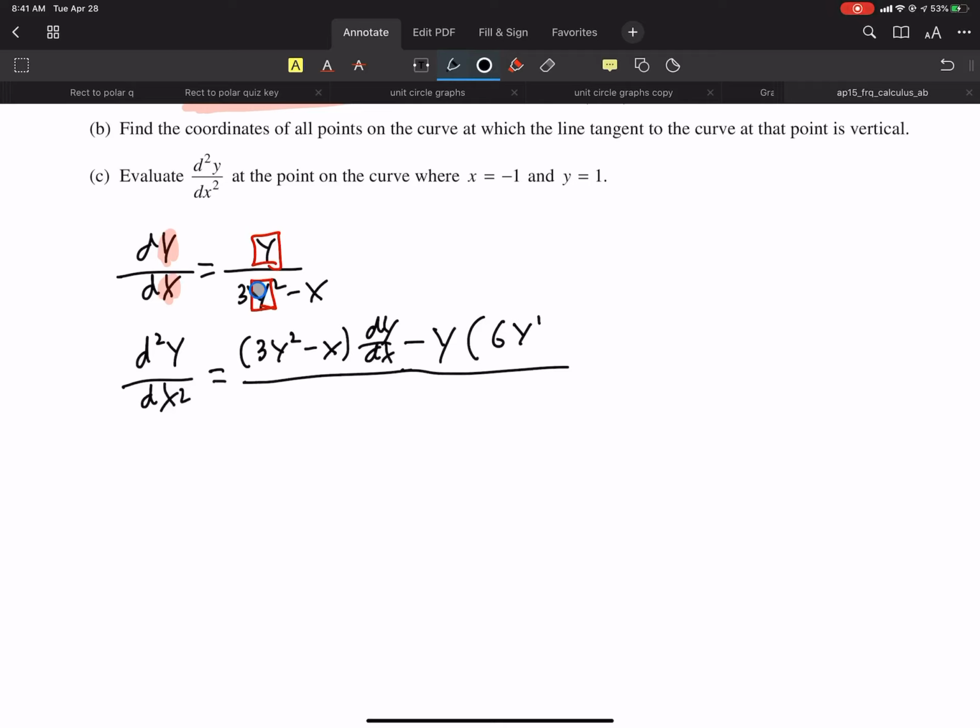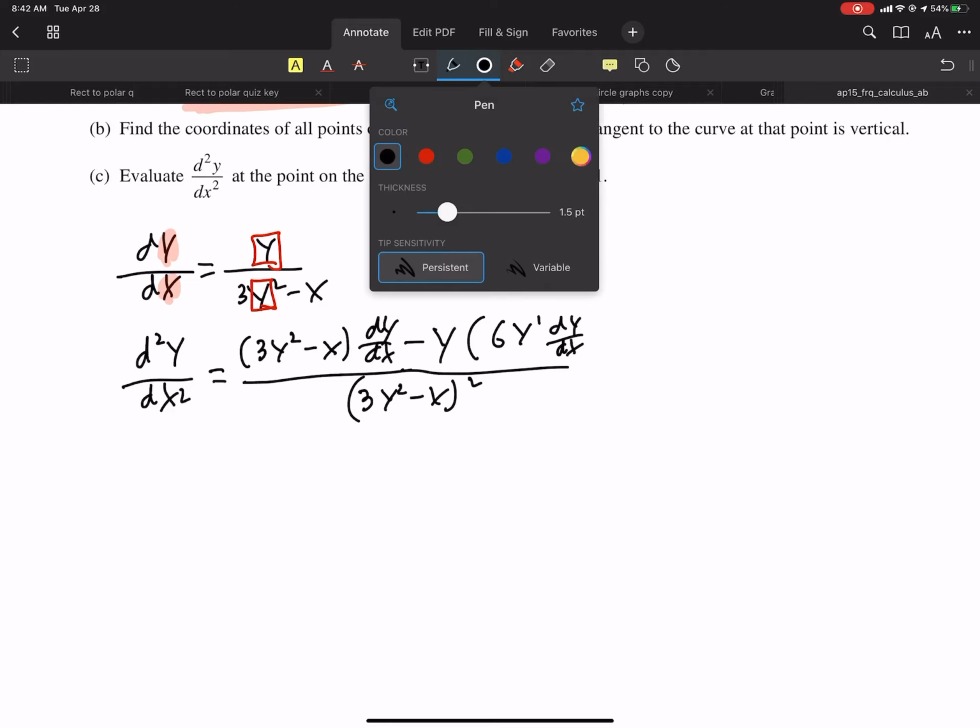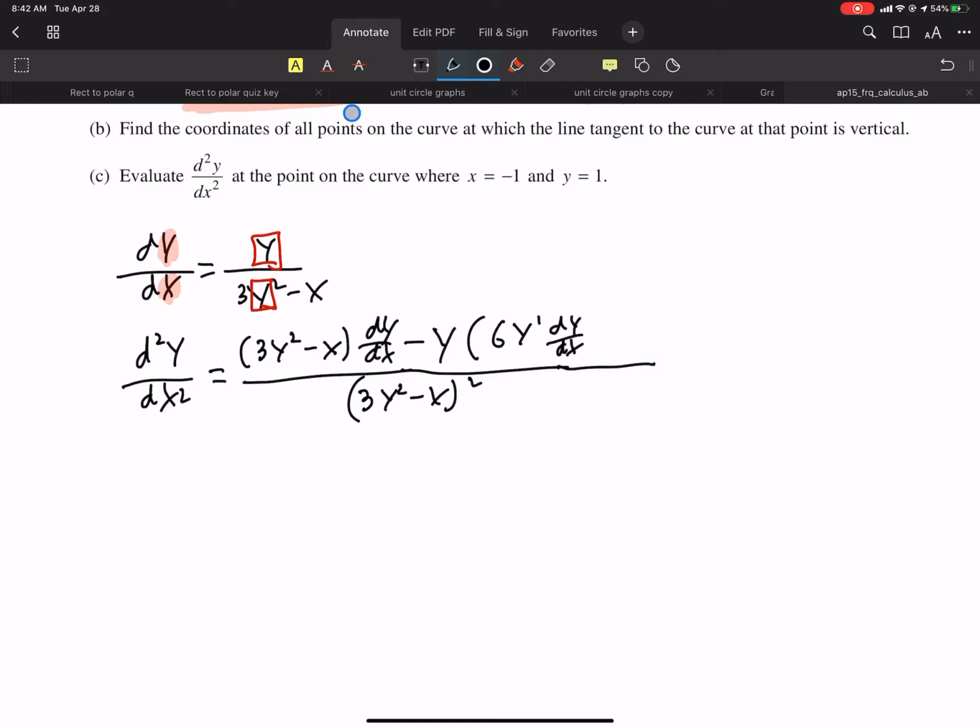Y is a function, so its derivative is dy dx, over low squared. I messed up. Let's back up a little bit here. Getting ahead of myself. So this was low d high minus high d low. The derivative of the bottom, I forgot to take the derivative of minus x. It's minus 1. That would have been ugly.